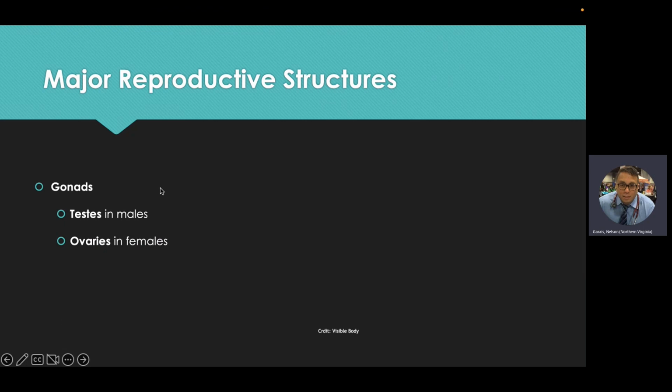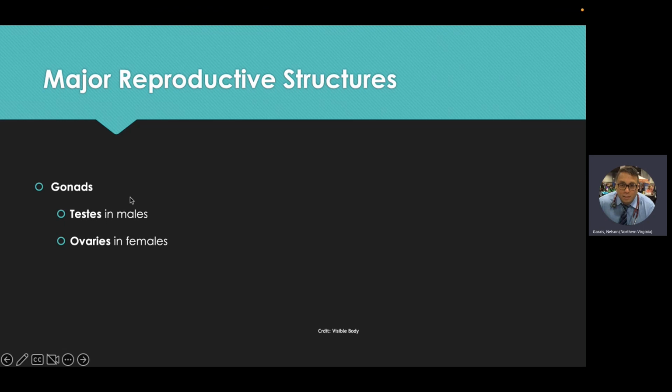Gonads are the producers of either sperm or the single ovum or egg in female anatomy. So ovaries, you have two of them, in females, and gonads in males are your testes.